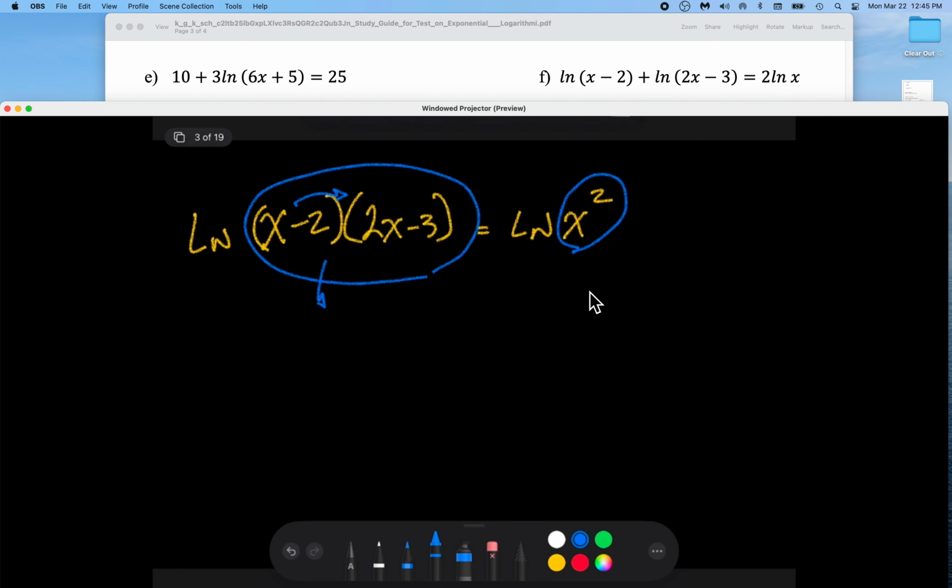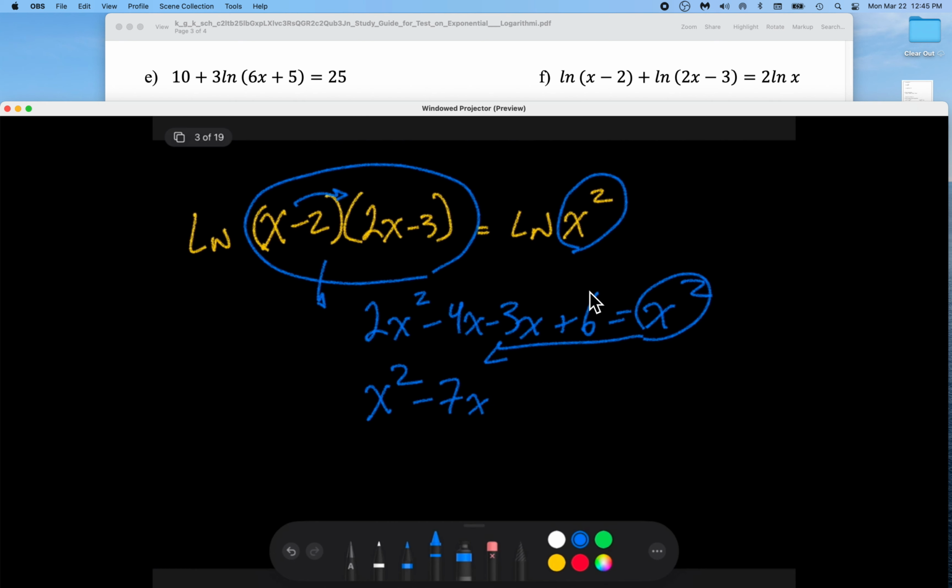So that's going to give me 2x squared minus 4x minus 3x plus 6 equals x squared. I'm going to simplify, bring this on the other side, and I'm going to end up with x squared minus 7x plus 6 equals 0.